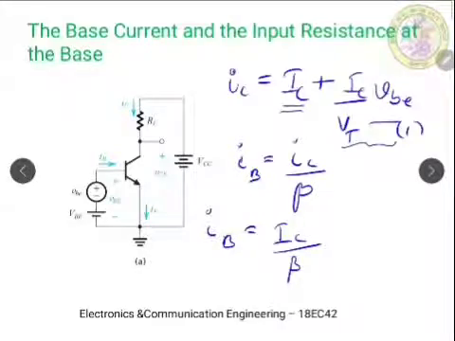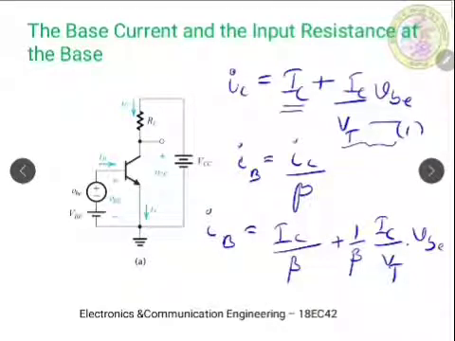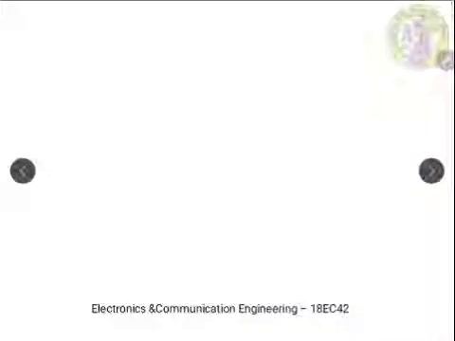So iB equals IC by beta plus 1 by beta into IC by VT into vBE. Here again we have two parts: IC by beta, and 1 by beta into IC by VT into vBE.